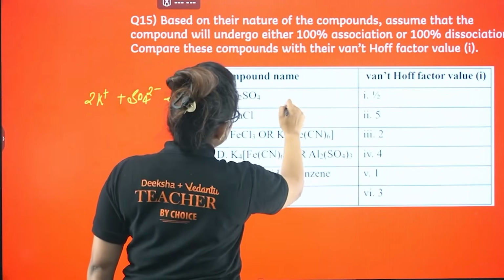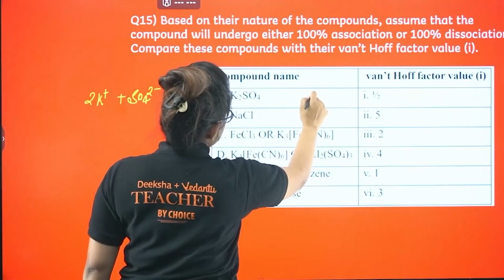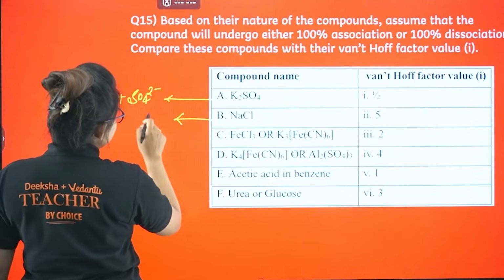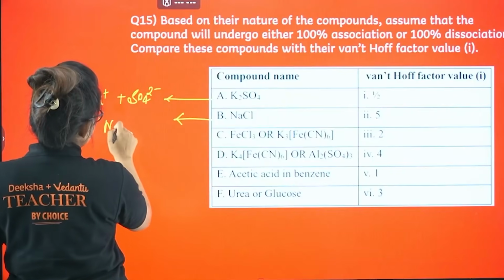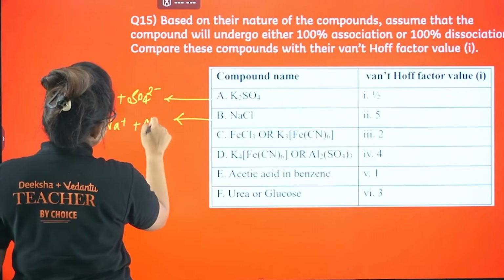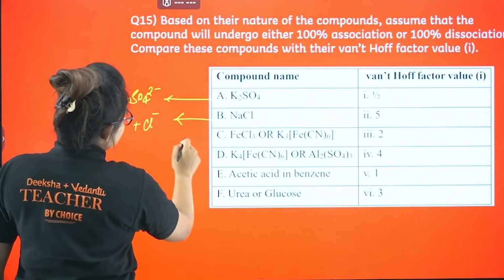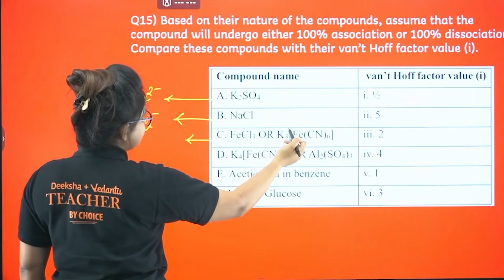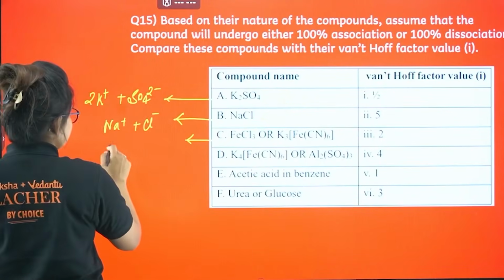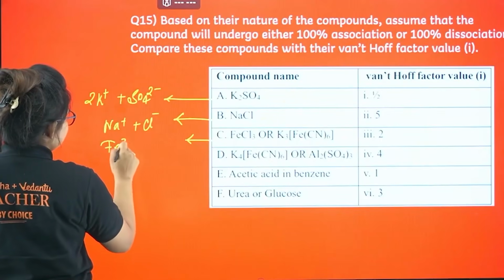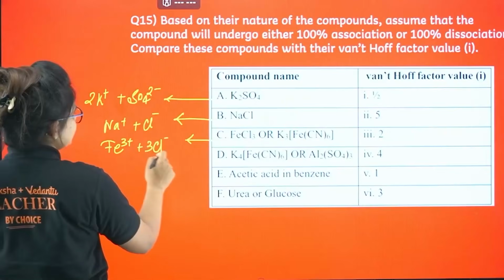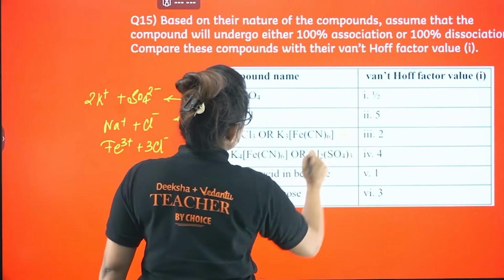So here I am getting 3. For NaCl, if you break it down, that's going to be Na plus and Cl minus. It's going to be 2. FeCl3, if you break it down, gives the same number of ions as K3 FeCl6 as well. So that's going to be Fe3 plus and 3Cl minus. So how many ions are you getting? You are getting 4 ions out of it.